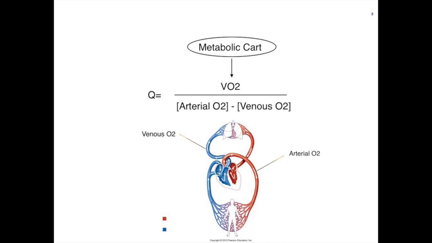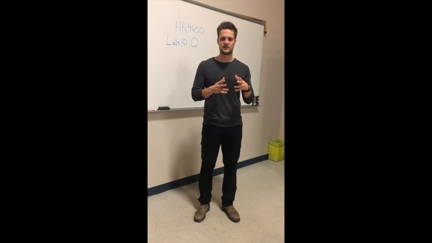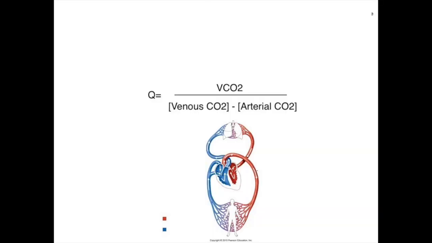So instead, we'll use the same theory and principles of what we just talked about and apply it to the production of carbon dioxide by the tissues rather than the extraction of oxygen. If we do this, the equation now looks like this. Again, we can measure VCO2 very simply in the same manner by using a Metcart.